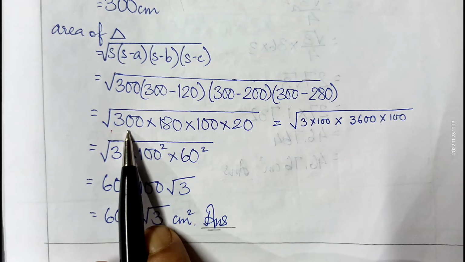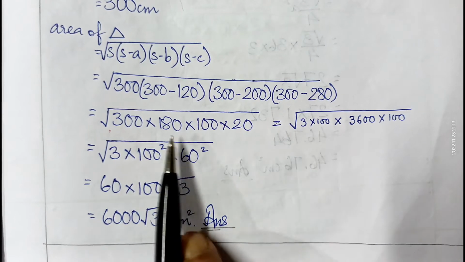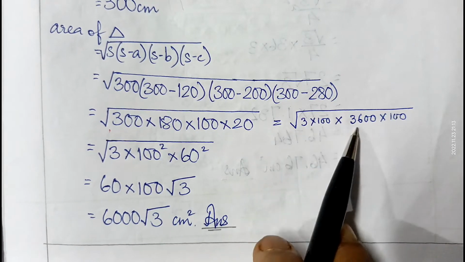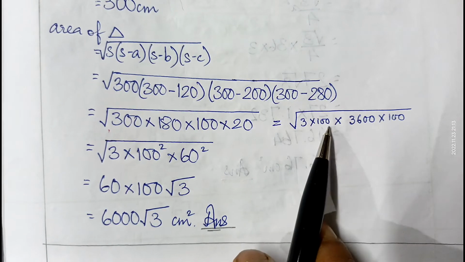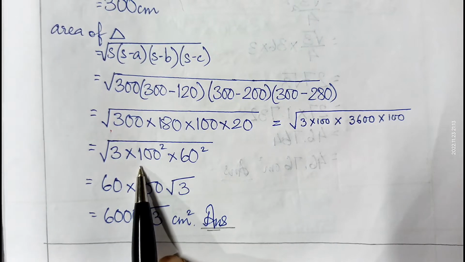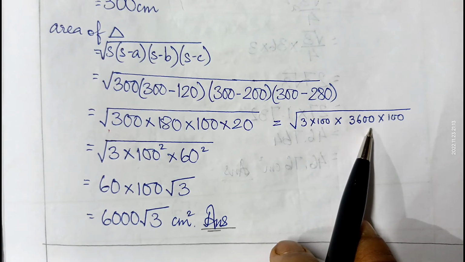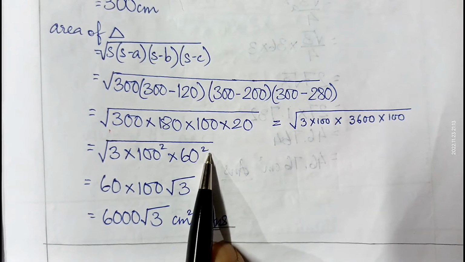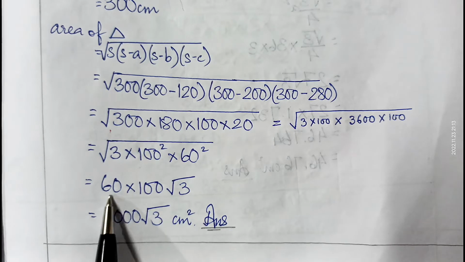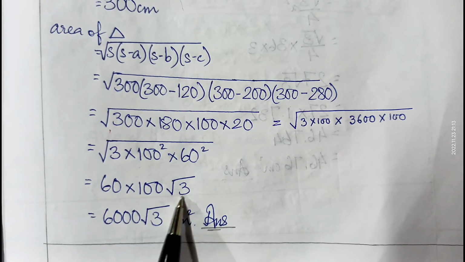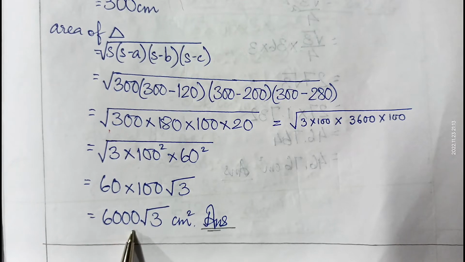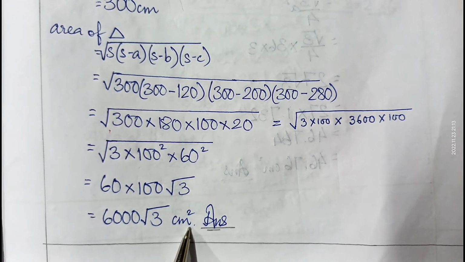Now 300 can be written as 3 into 100, 180 into 20 will give 3600 into 100. Now 100 into 100 can be written as 100 square. 3600 is the square of 60, so we can write 60 square. So this 100 and 60 can be written outside the square root, so it will be 100 into 60 root 3, and 100 into 60, 6000 root 3 centimeter square is the area of the required triangle.